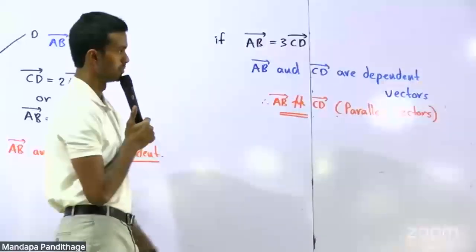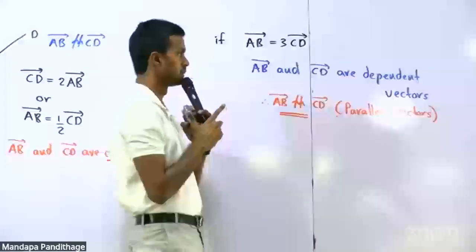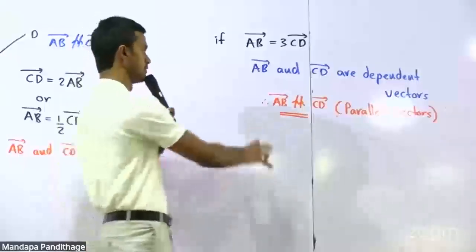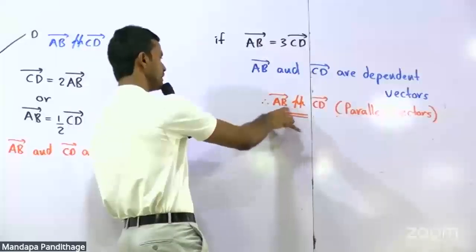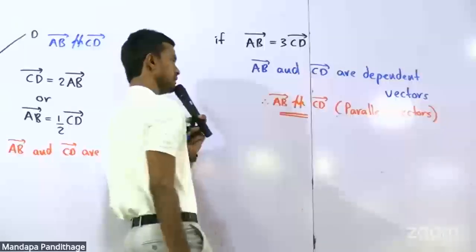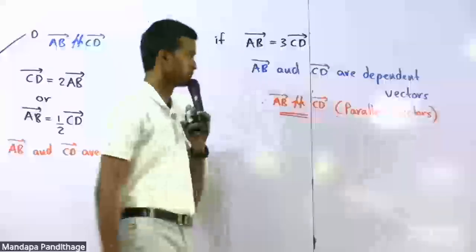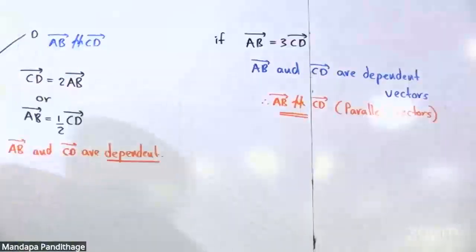When one vector is expressed in terms of the other, we say it's dependent. Therefore, AB and CD are parallel vectors. Okay, I'll give you 1 minute. If there's anything to complete in the note, you can complete it and drink some water.